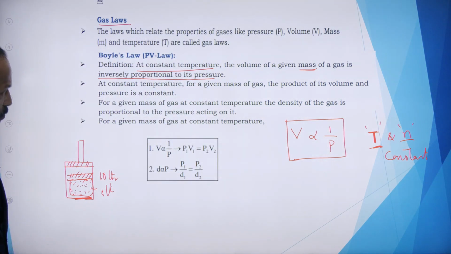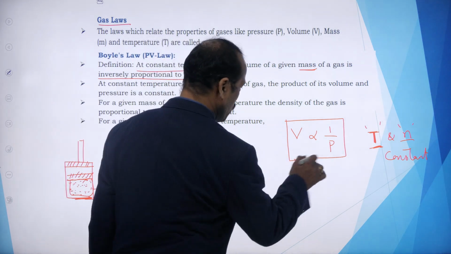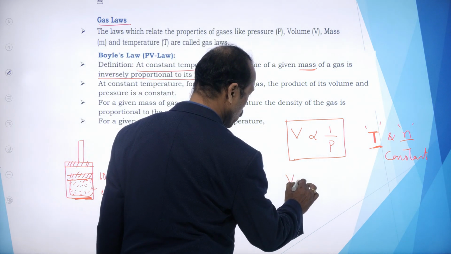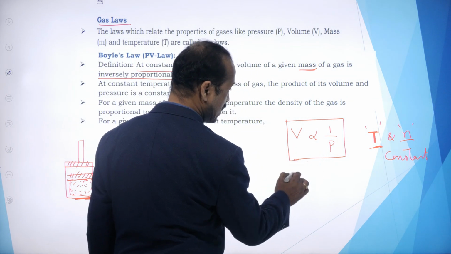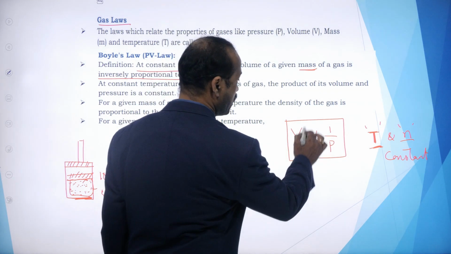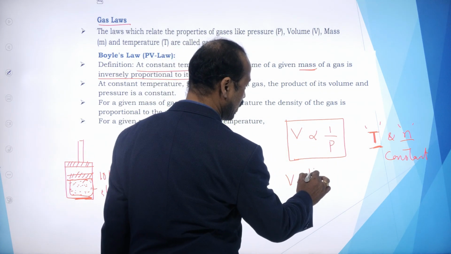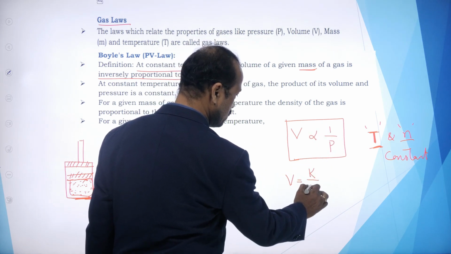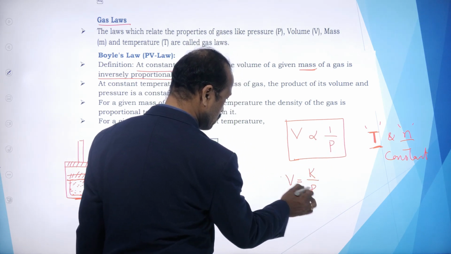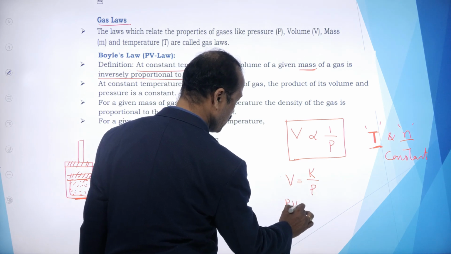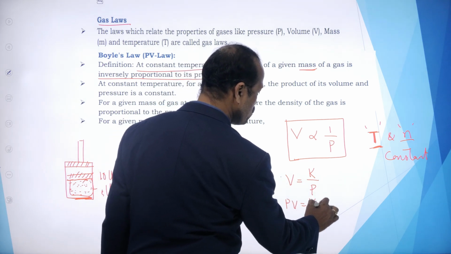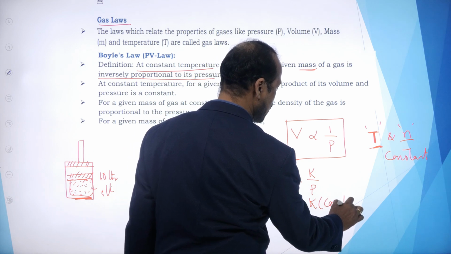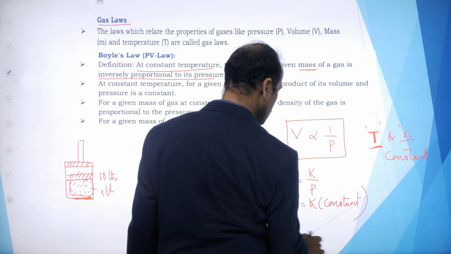Now, what I do, V is equal to, when I remove the proportionality sign, I get one constant, that is K. So V equals K into 1 by P. And when I take this P here, this becomes PV equals K. K is what? Constant.